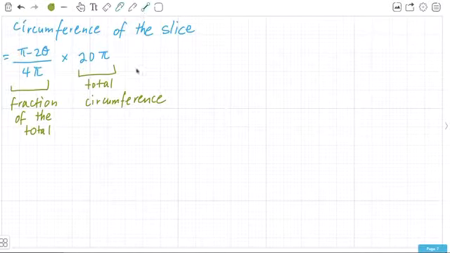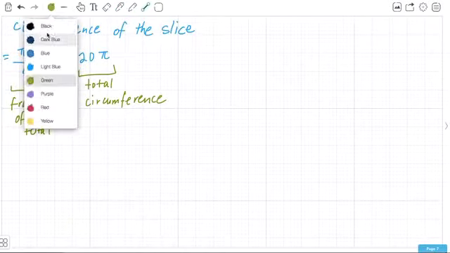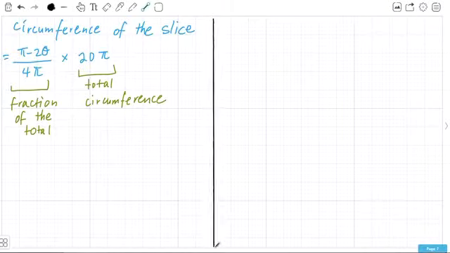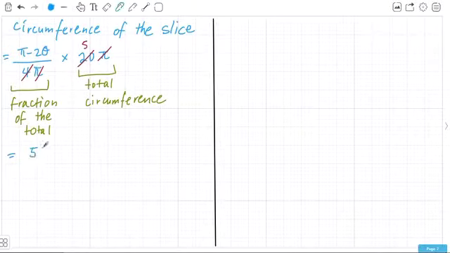Okay, so you could do a bit of work there. You could pause the video and actually see what happens there, what cancels. And hopefully you've said the pi's cancel, and also the 20 turns into a 5. So we now have, for our circumference, 5 times (pi - 2 theta).